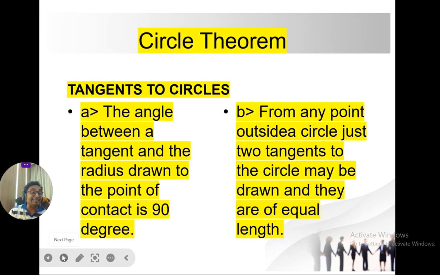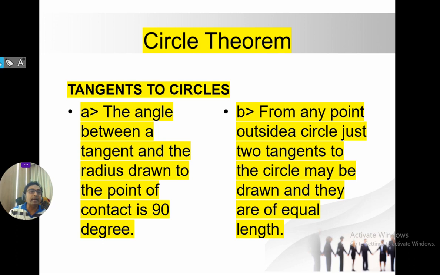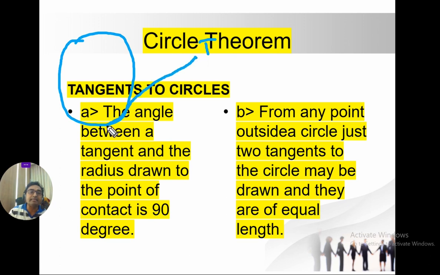Cyclic quadrilateral हो गया. Then the tangent. Tangent क्या है? एक सर्कल होगा, सर्कल से बाहर में, outside the circle will take any point. तो ये from this any point T we can draw only two tangents. Tangent का क्या होगा? It will touch only at a point, one point, not more than one.